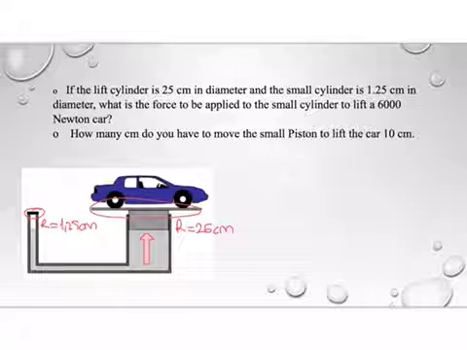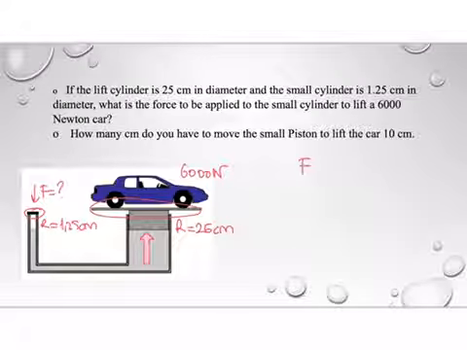What is the force to be applied to the small cylinder in order to lift a 6,000 Newton car? Now, we have the ratio F1 over A1 should be equal to F2 over A2 in order to get balance.